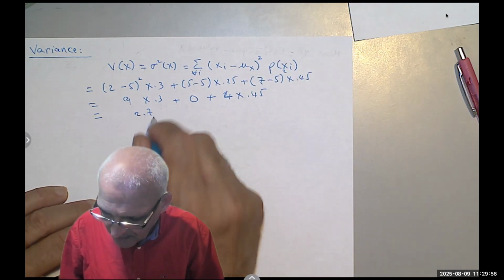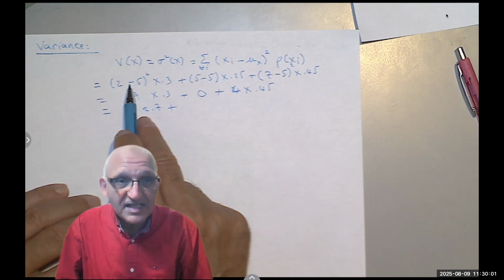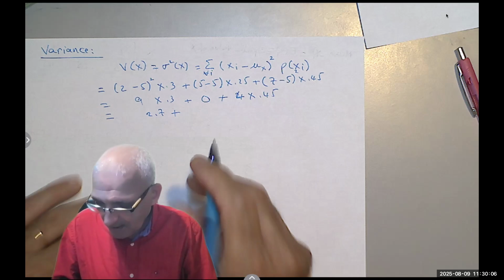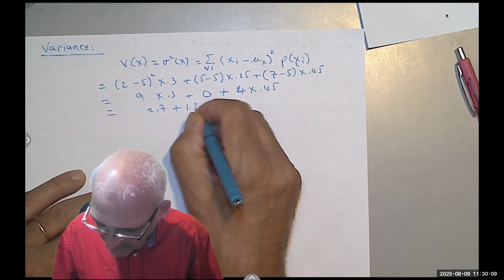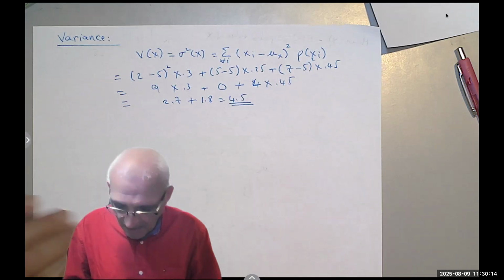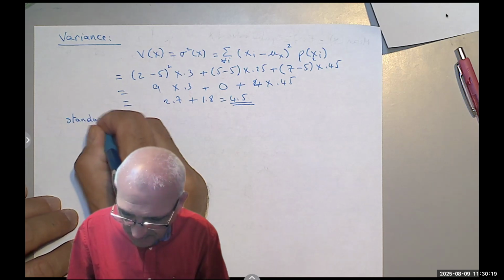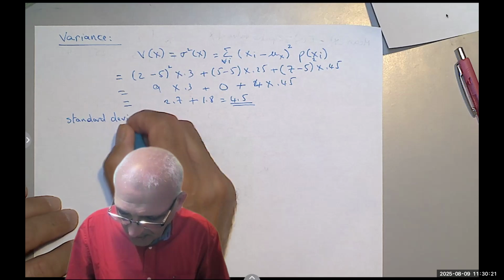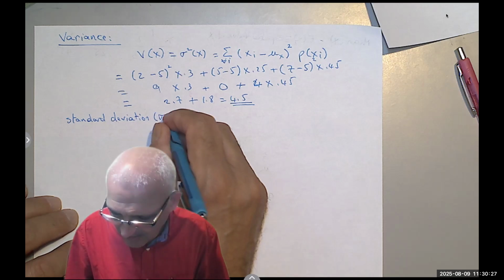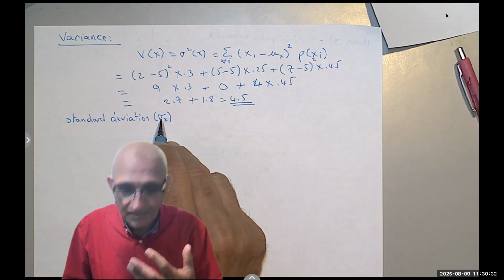2.7 plus, notice that it is never minus. We always add, even if this number is negative. Variance cannot be negative. It's impossible, okay? 2.7 plus 1.8 equals 4.5. That's the variance. If we find the standard deviation, which you are more familiar with, of a function, meaning of a probability distribution, we call it sigma sub x, also sigma because it's a parameter.